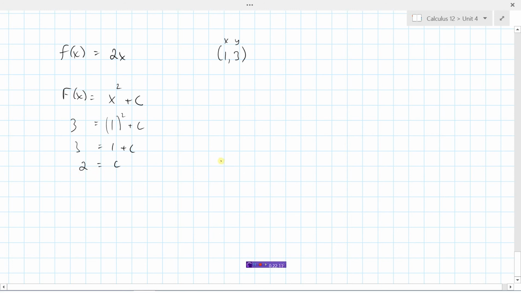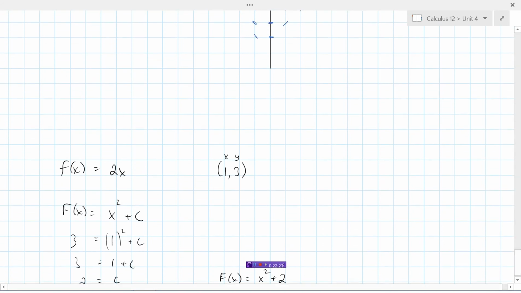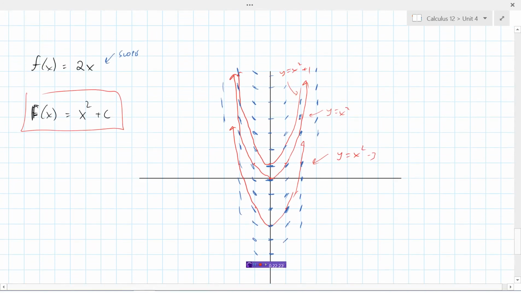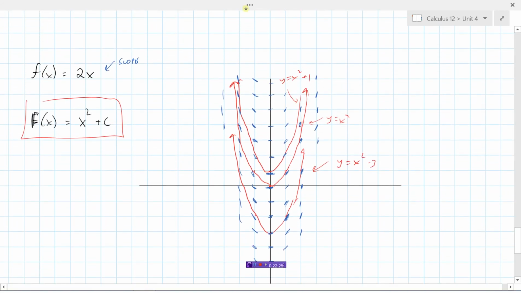So now I can say, okay, the integral curve that you're specifically looking for is the one x squared plus 2. So now if I were to go back and look at my slope field, I would know that the one that I need to be looking at is the one that is at plus 2, which would be this one.